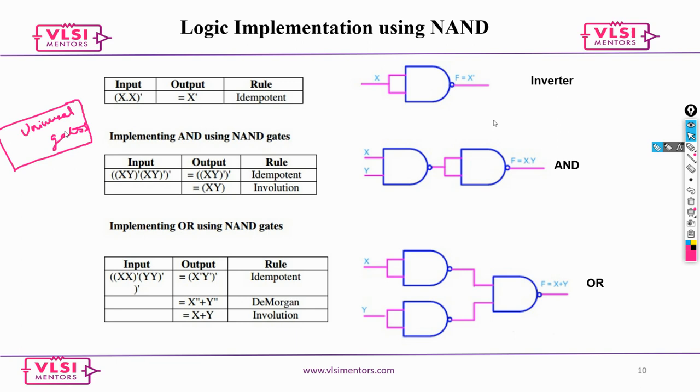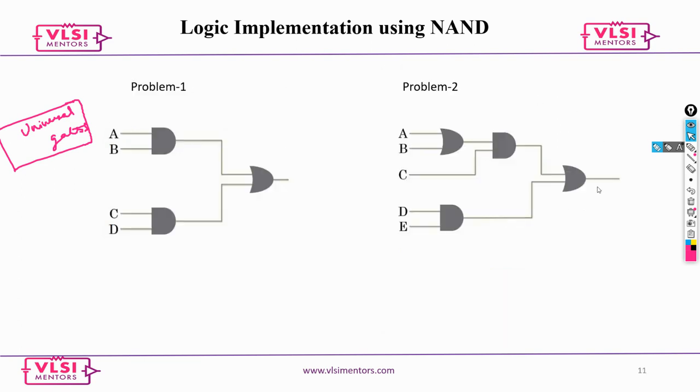So definitely we will treat MUX also as a universal gate. Now this is a problem that I posted in the group today: implement the circuit using NAND. So you try it when you have free time.